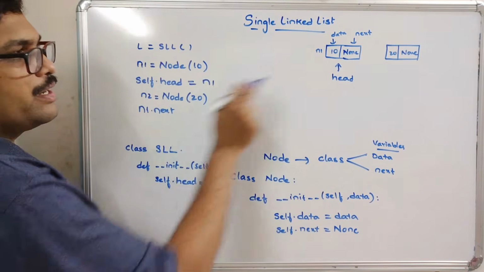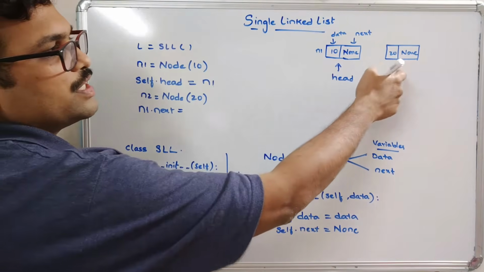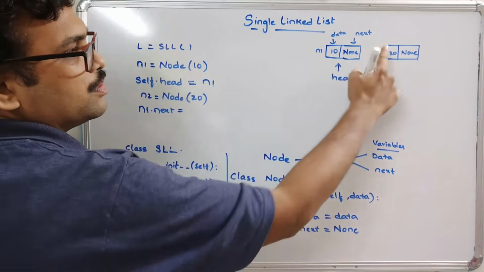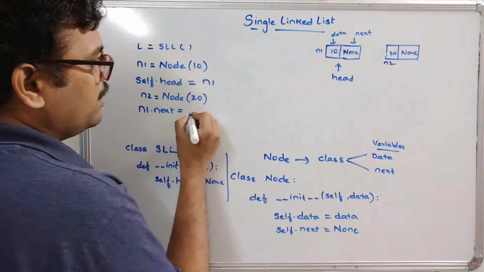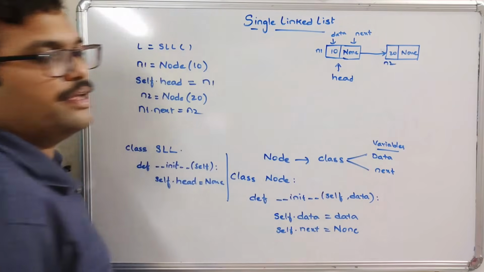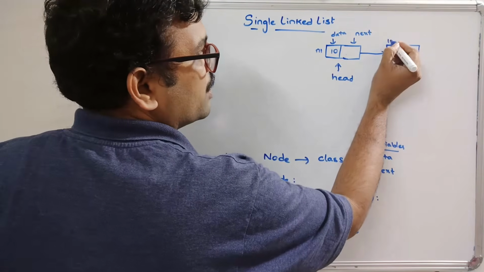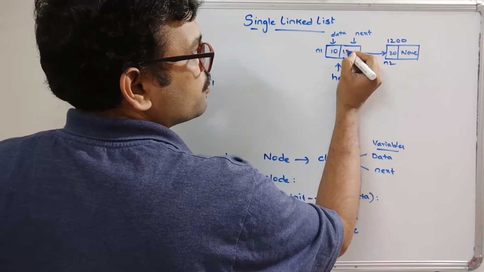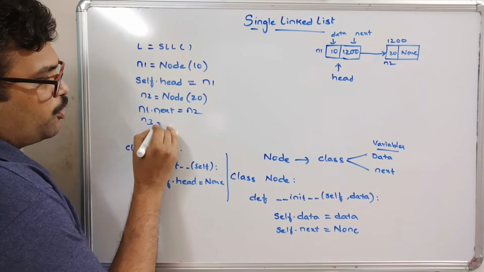So N1.next, that means this part, is equal to N2. Automatically the link will be established, and here None will be replaced with the address of this one. So let it be 1200. So 1200 will be here, and immediately create one more node.